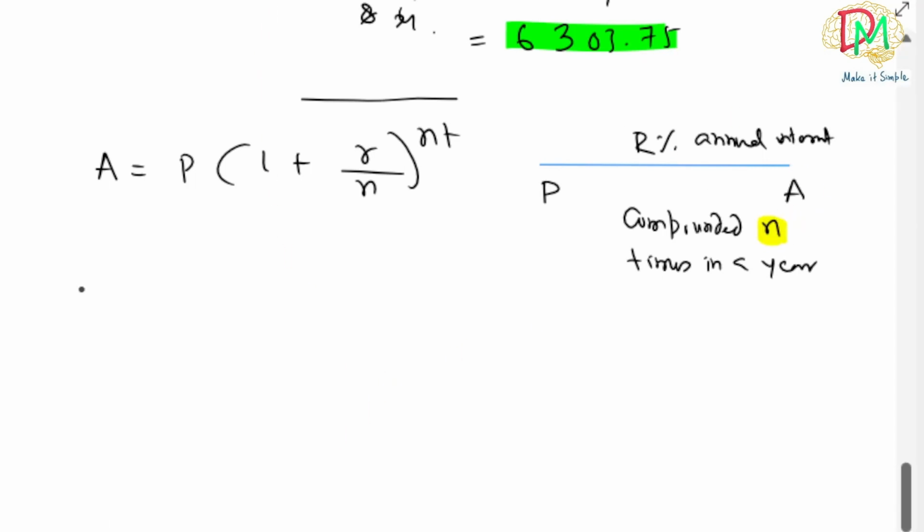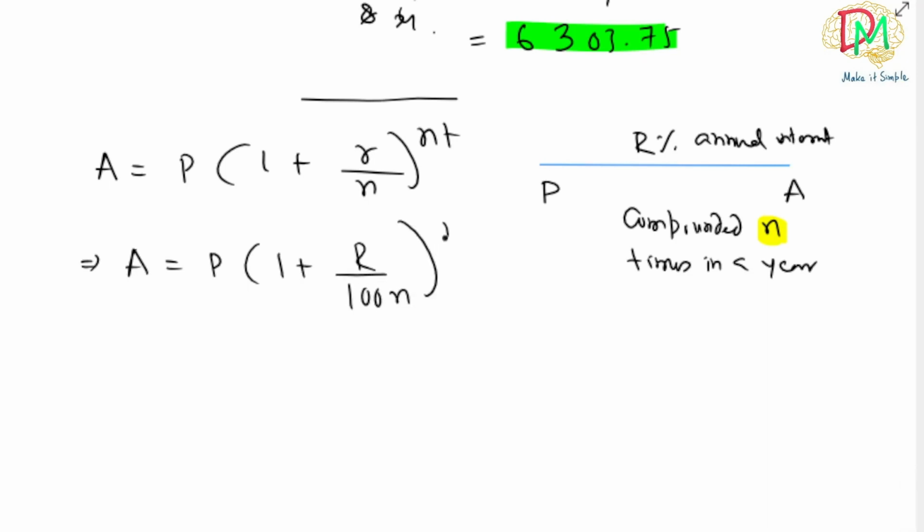This formula we can also write as A is equal to P into (1 plus (r by 100) by n) to the power nt, because we already derived that r is the decimal value of the rate of interest, that is r by 100.